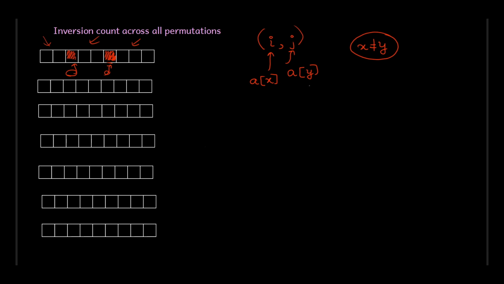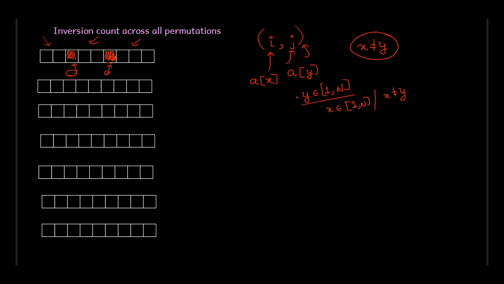So you can actually try out all y from 1 to n, 1 based indexing. And for each y, because first you always fix the right element of the pair, for each y you fix all x from 1 to n, and then x should not be equal to y.